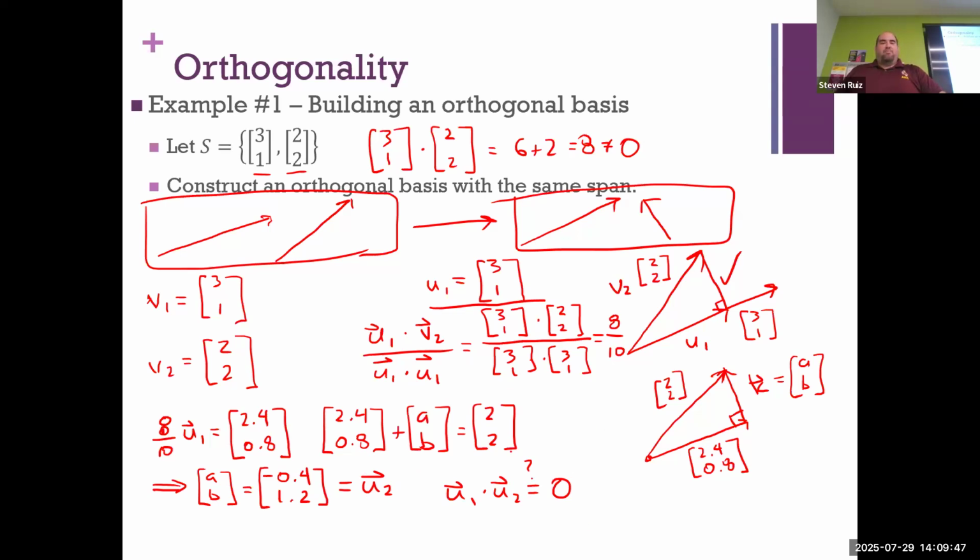So here's what we've done. We have replaced S with this new basis. 3, 1. So it shares something in common with the old basis. And I'm not going to adjust the lengths. Negative 0.4, 1.2.